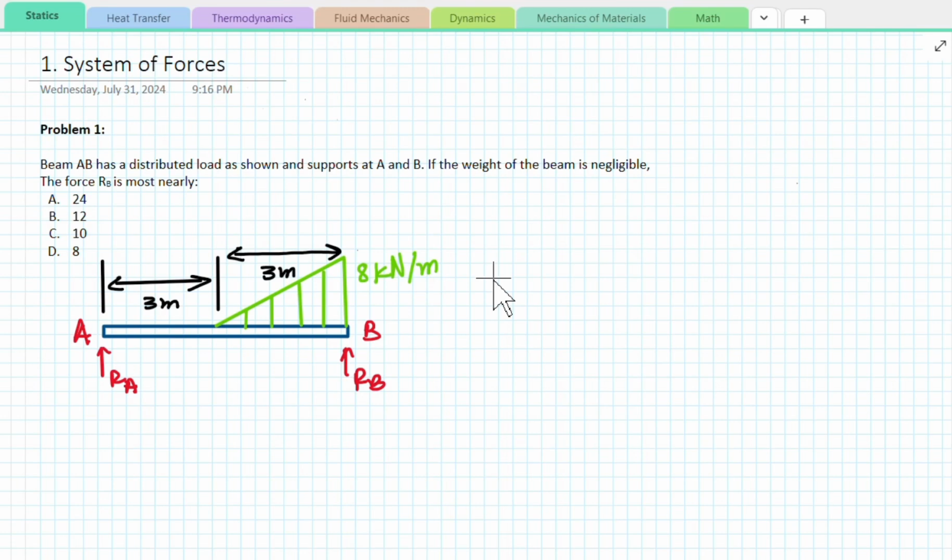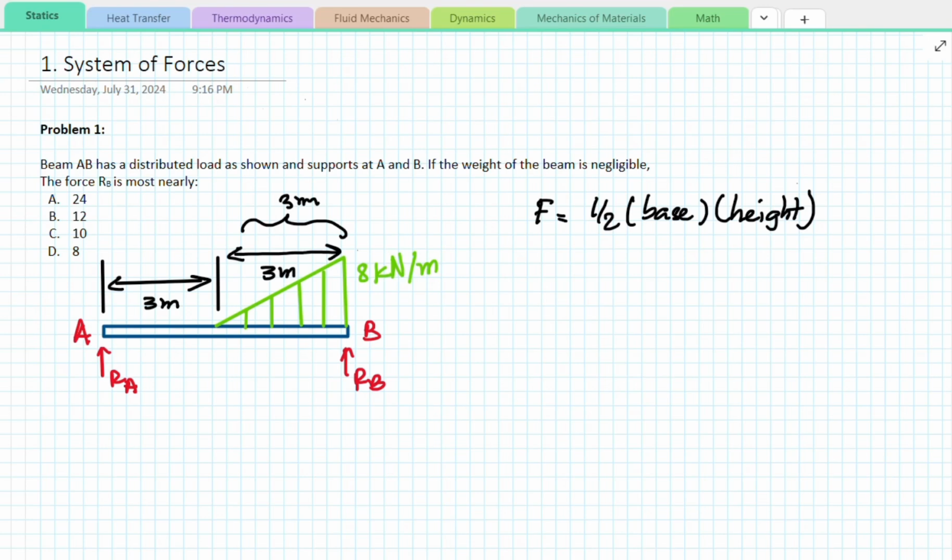We'll need to calculate it as the area of a triangle. So force is equal to 1/2 base times height, where the base is 3 meters and the height is our distributed load value of 8 kilonewton.